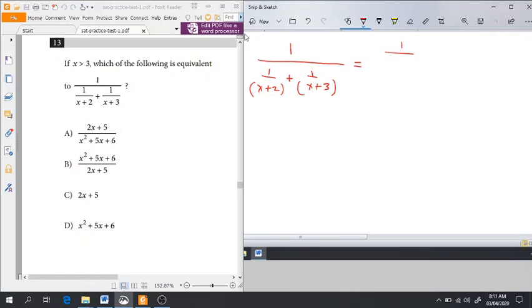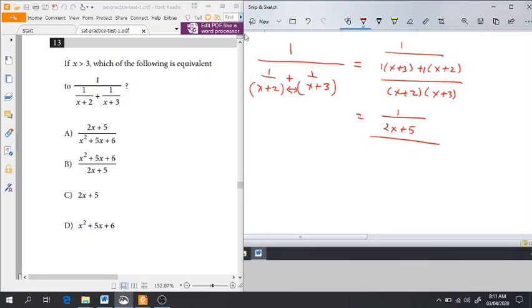So you can write it as 1 times x plus 3 plus 1 times x plus 2 over, you have to multiply each term with each other, so we can write it here as x plus 2 times x plus 3. So 1 times x plus 3, 1 times x plus 2 can be written as 1 over 2x plus 5.